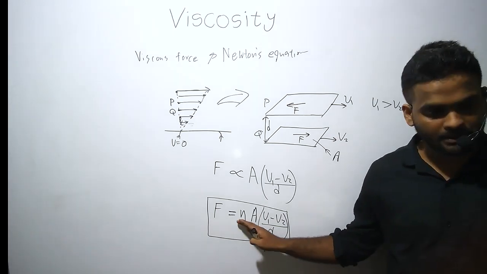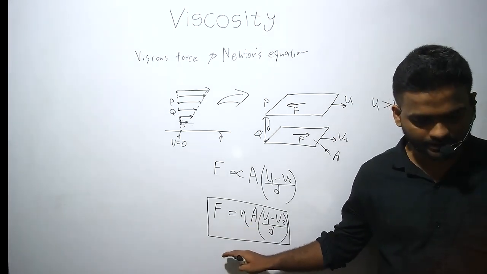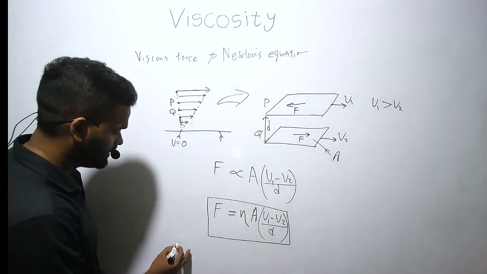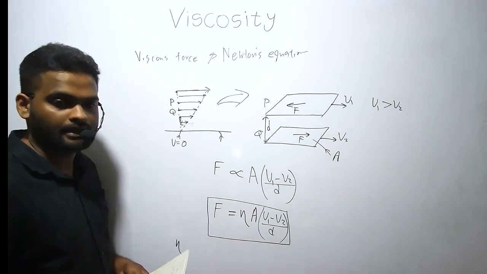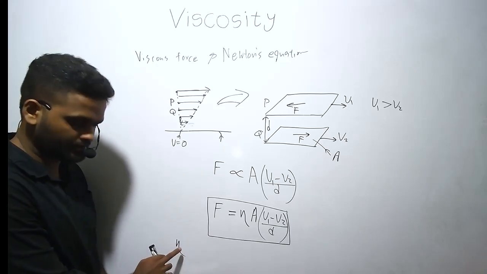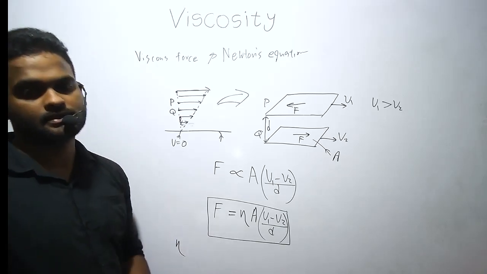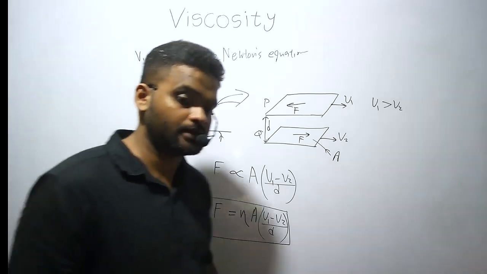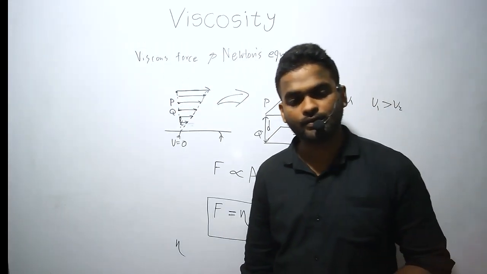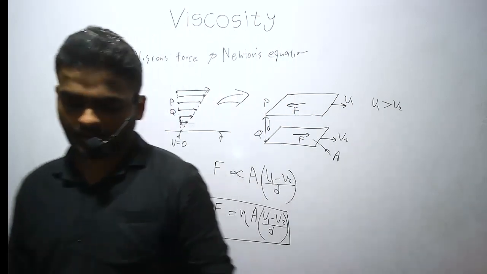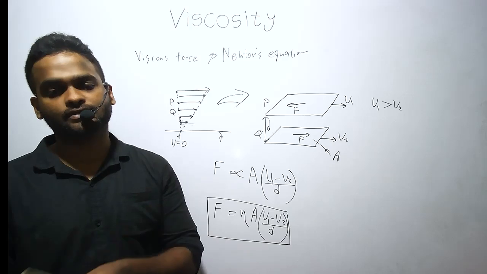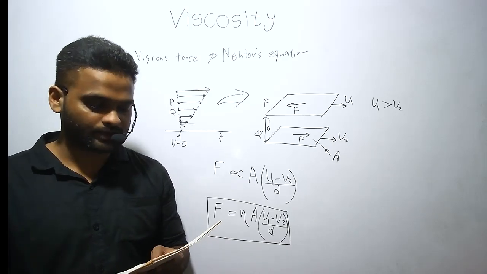Below this, here, eta is called coefficient of viscosity of liquid.